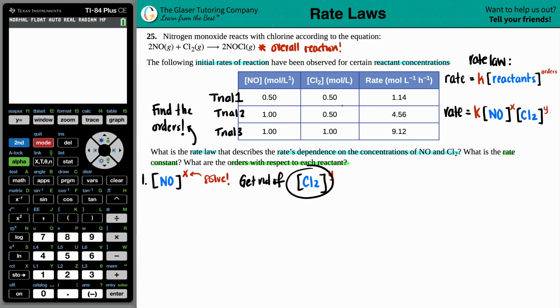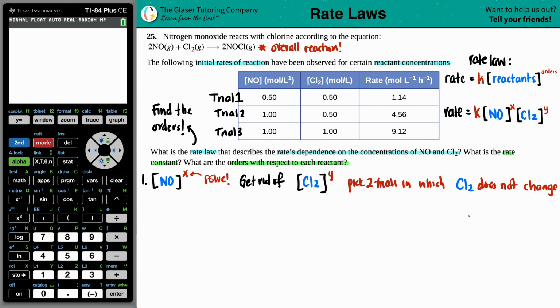If we want to get rid of the Cl2, if we want to get rid of that y, all we have to do is pick 2 trials in which Cl2 does not change. We're running out of room here, so let's go over here.